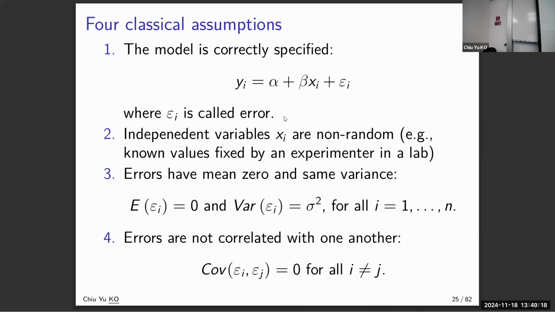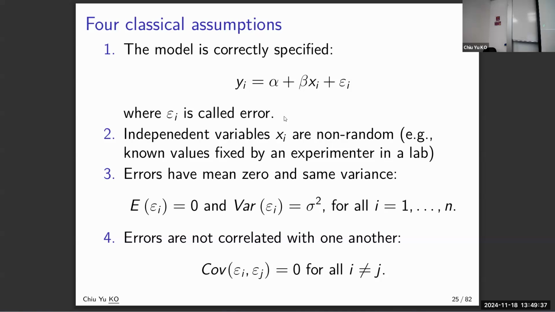And the variance is sigma square, so it doesn't change no matter what the xi is. Of course, as I said, this part can be easily generalized in a more general framework, but that will not be in this class. So assumption 3 can be dispensed with very easily.